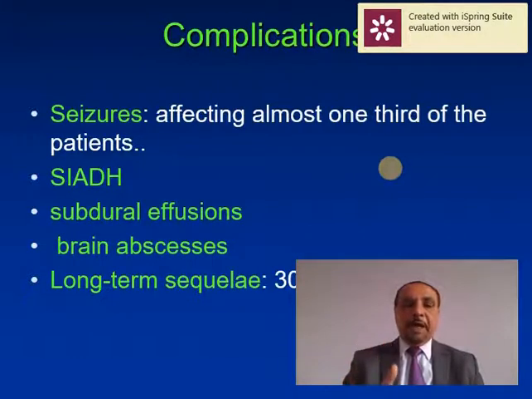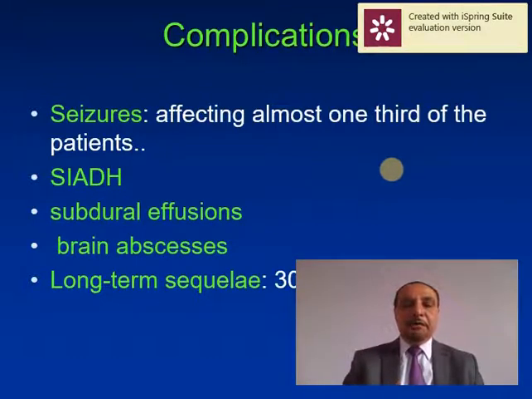But if we have a second rise of the temperature, we have to suspect subdural effusion or abscess, or sometimes a drug fever. We have to differentiate and follow the patient. Brain abscess is an important complication.